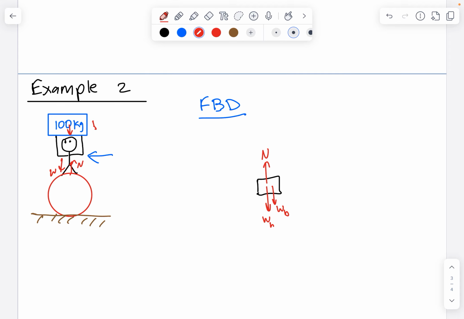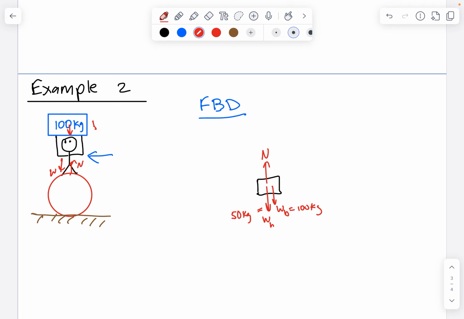That is perfectly okay. Because if I was to have some numbers on them, say weight of box is 100 kilograms, say weight of human, let's say he's quite light, we'll say he's 50 kilograms.